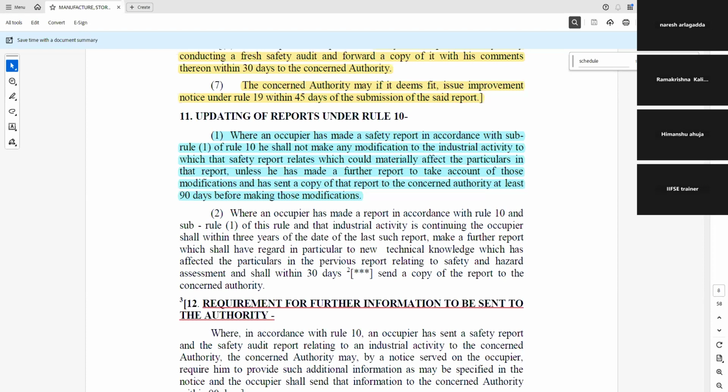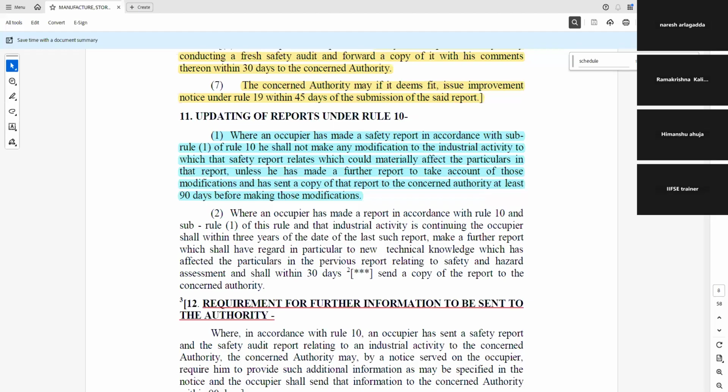So in case you are going for any modification, before executing that modification, you have to submit a revised, modified safety report 90 days before to the authorities. That is just updating the reports.